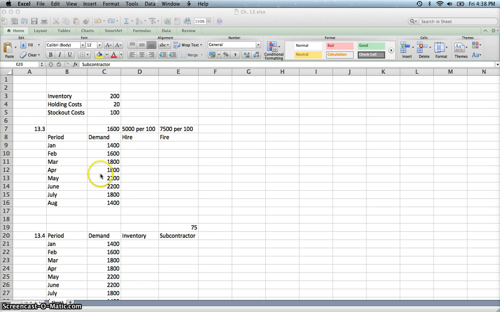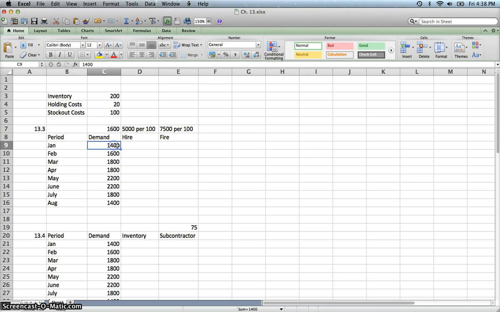Now, one of the tricky things to starting this is that we have this beginning inventory here of 200. What I'm going to do is use that 200 to meet some of the demand in January. So I'm actually going to change this demand to 1,200 because I can meet 200 of that with the inventory that I have.